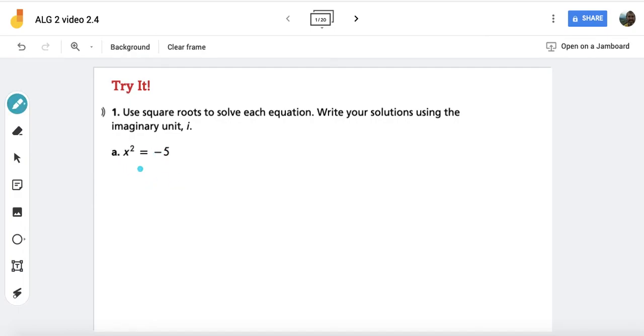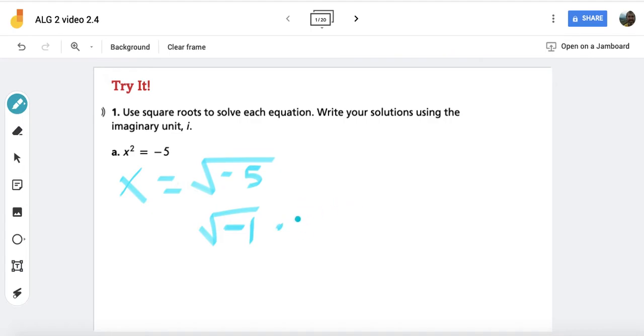When I take the square root of both sides, I get x equals the square root of negative 5. So I'm going to break that negative 5 into the square root of negative 1 times the square root of 5.